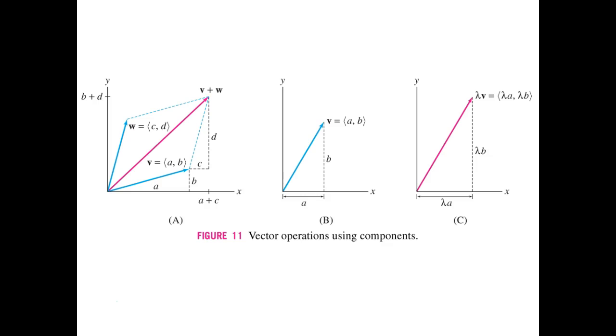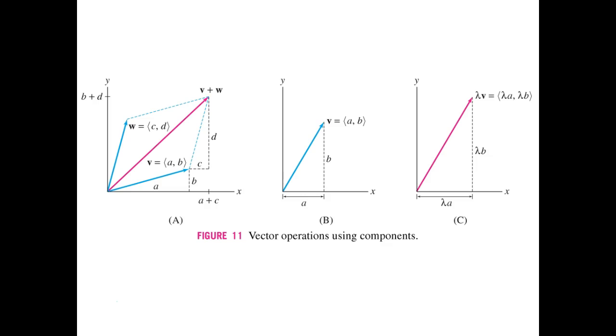A plus C on the X, B plus D on the Y, and that would be your resultant vector. So don't even worry about drawing parallelograms and that kind of stuff. Add your components. Okay? They did show subtraction, but it would work just the same. It would be A minus C, B minus D, if you were to do V minus W.